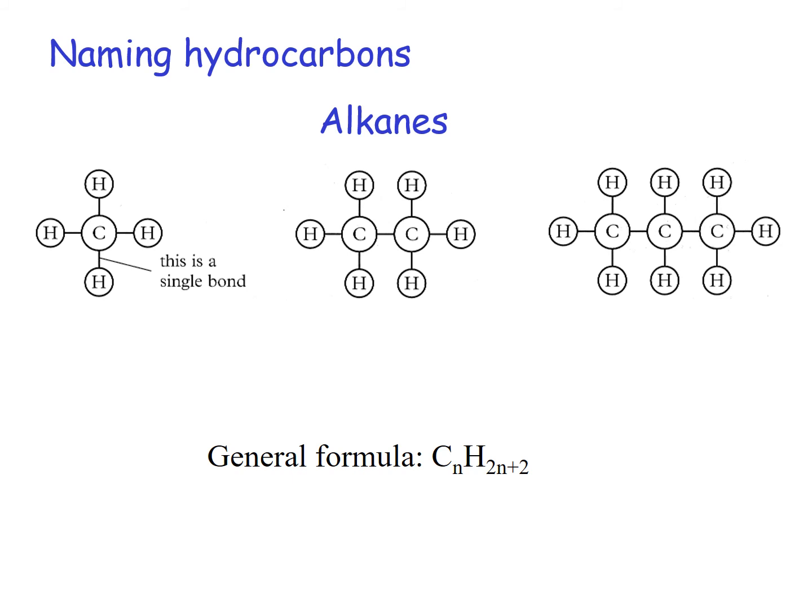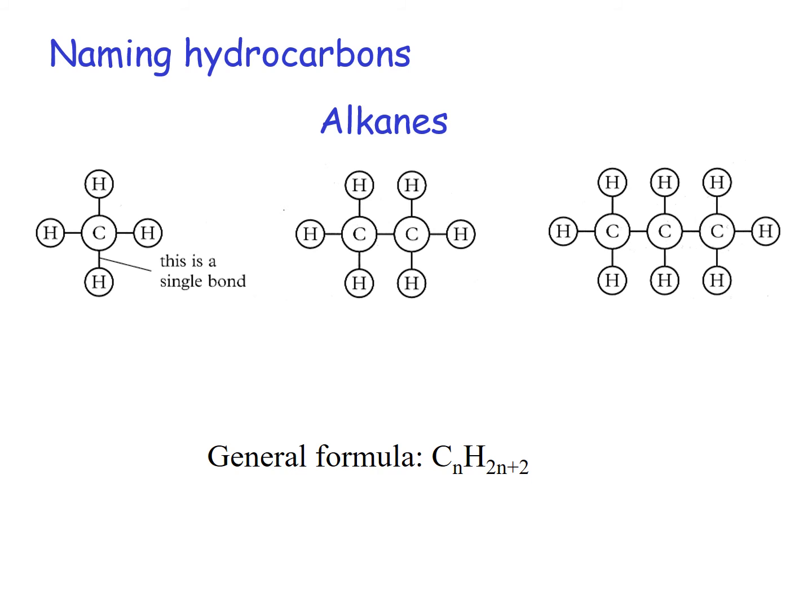But if it asks you how many hydrogens there are, you just need to take the number of carbons, times it by 2, and then add 2. So we end up with the general formula CnH2n+2.